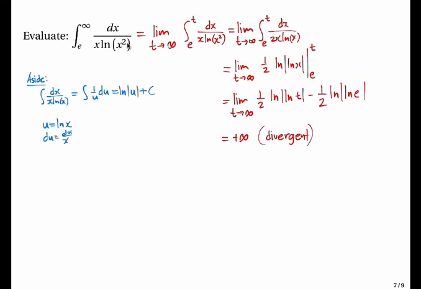Next example, integral from e to plus infinity of dx over x ln squared x. So, very similar to this, except that the squared now is on the ln function. Okay? So, same explanation as before.